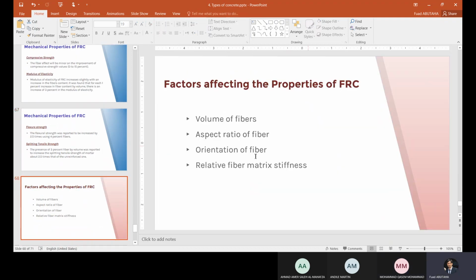Factors affecting the properties, we already discussed this one: the volume of the fiber, the aspect ratio, the orientation of the fiber. We cannot simply add the fiber in a good arrangement. No, it should be randomly or non-uniformly distributed inside the mix.